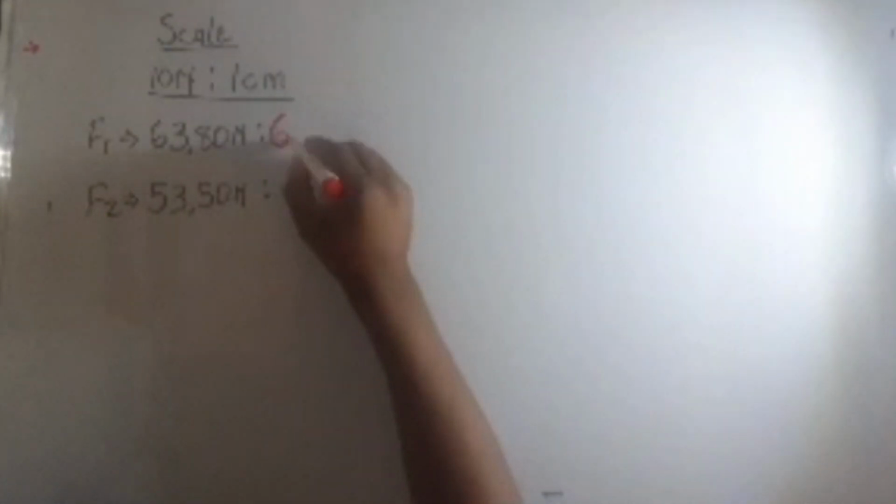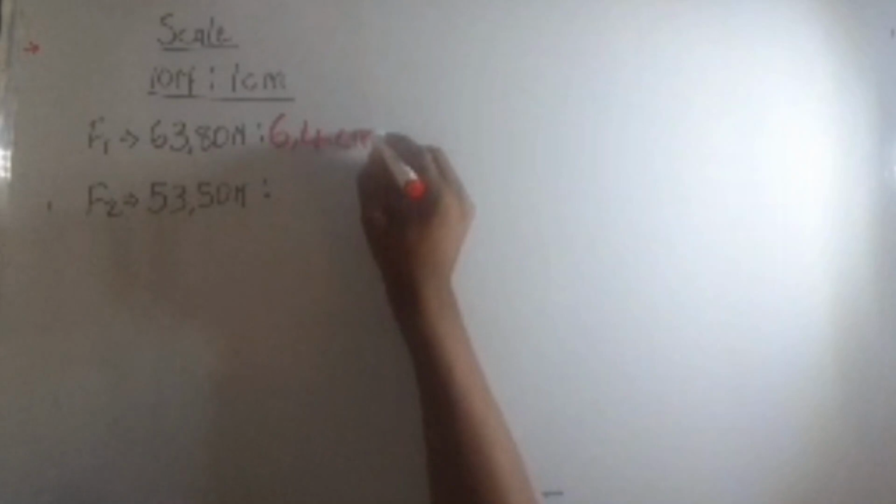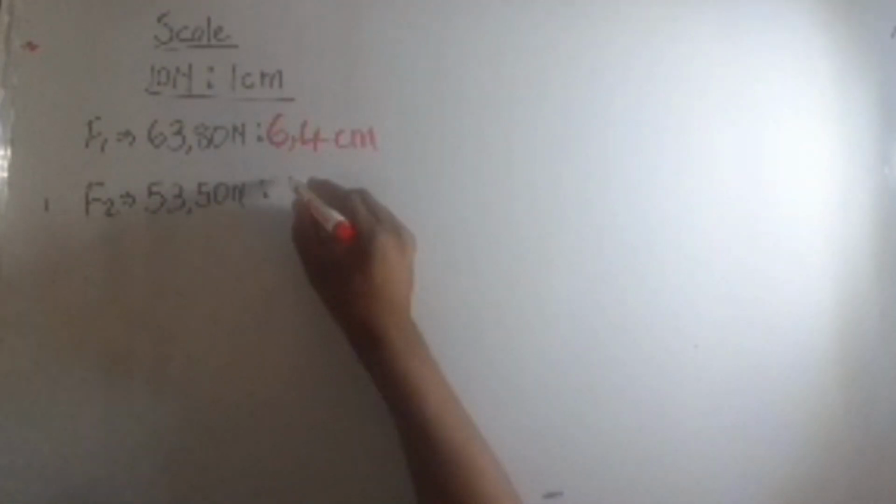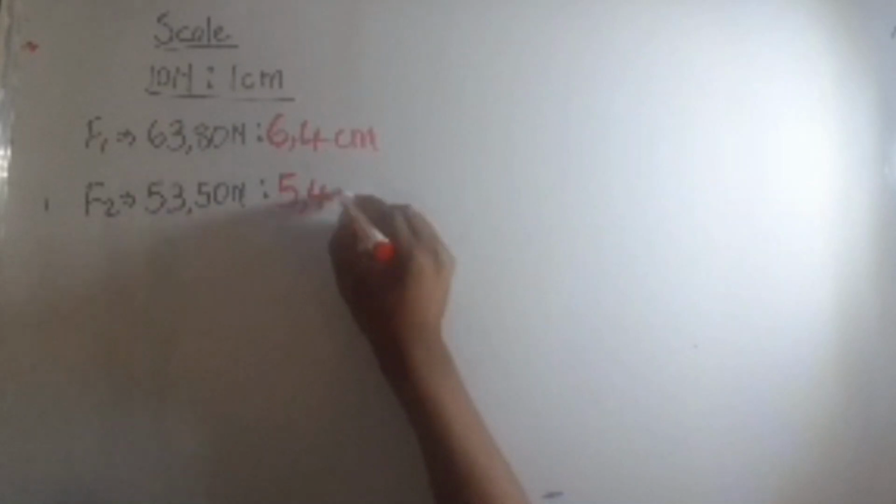So if you divide 6380 by 10 in centimeters, you're going to have something like 6.4 centimeters. If you divide 5350 by 10, you're going to have something like 5.4 centimeters. So when we draw our closed vector triangle, the F1 will be represented by 6.4 centimeters. The F2 will be represented by 5.4 centimeters.